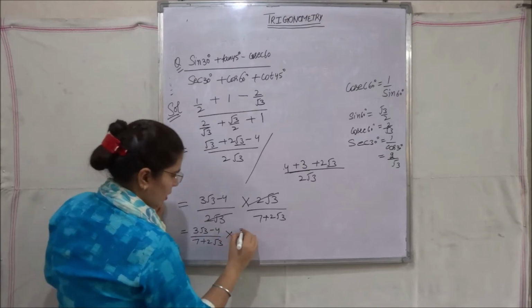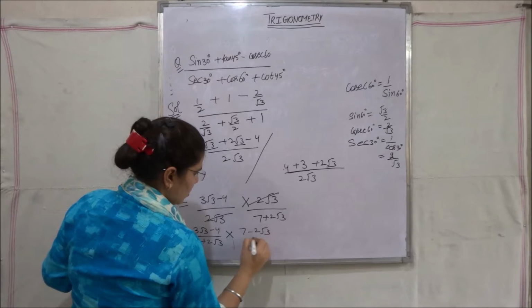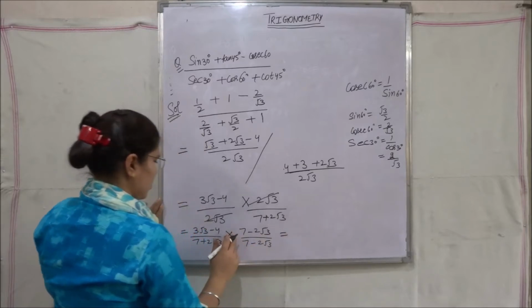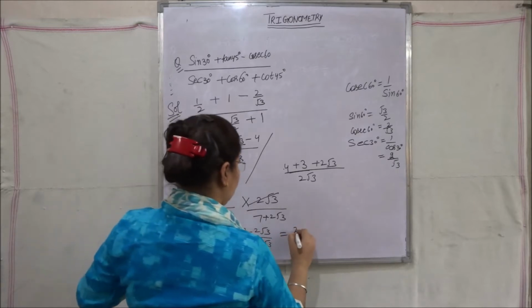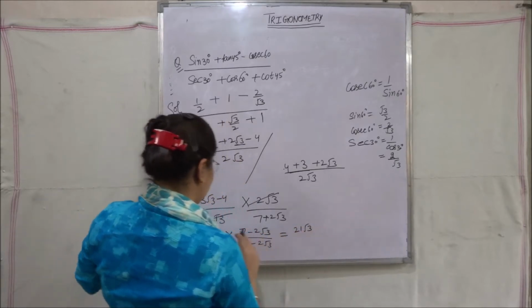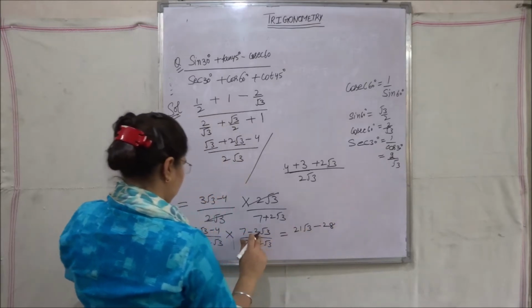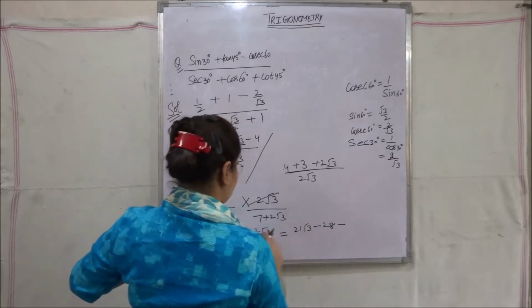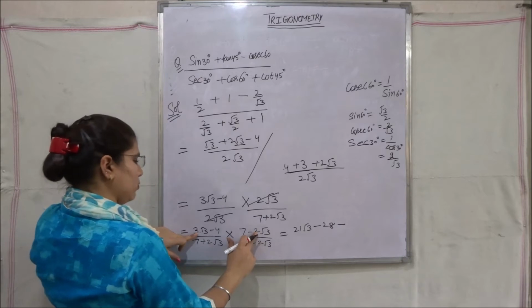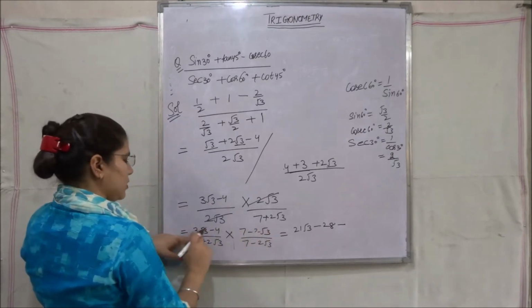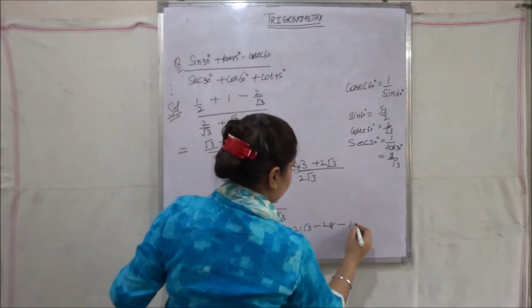Now taking the rationalization. 7 times 3 is 21 root 3, 7 times 4 is 28, minus 2 root 3 and 3 root 3. 3 times 2 is 6, root 3 into root 3 is 3, 6 into 3 is 18.